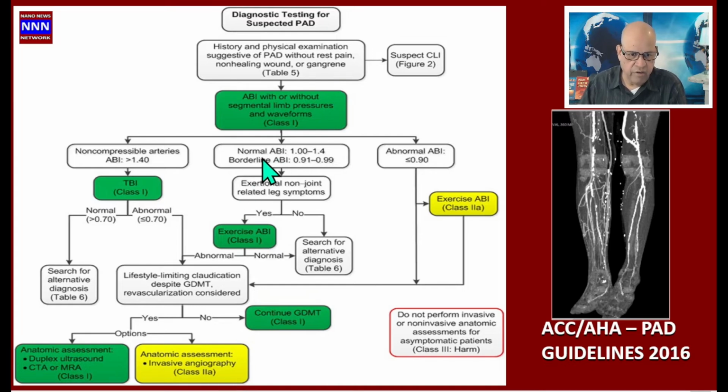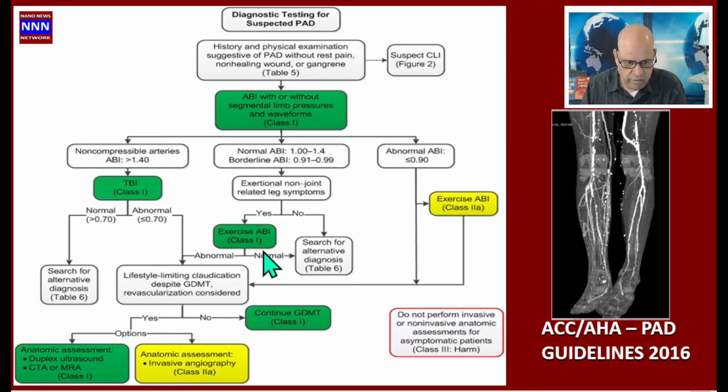Now let's look at here. Now we have 1 to 1.4 or borderline ankle brachial ratio, 0.91 to 0.99. If that is the case, we do an exercise ankle brachial ratio. If the exercise ankle brachial ratio is abnormal, that is, we see a 20% drop in the index, then we go through this route.